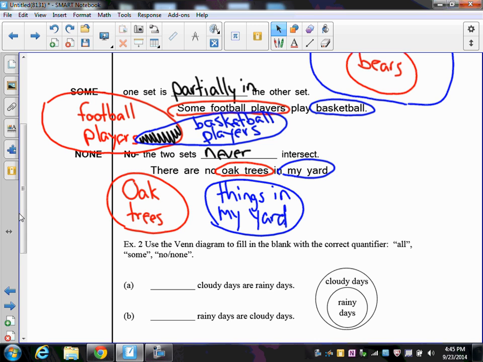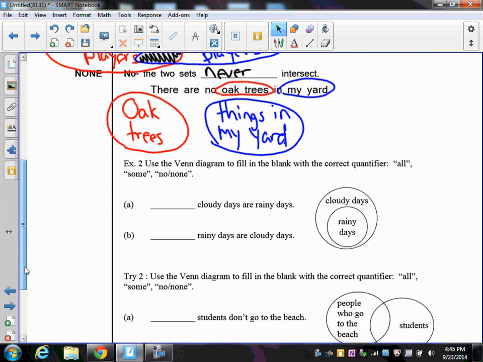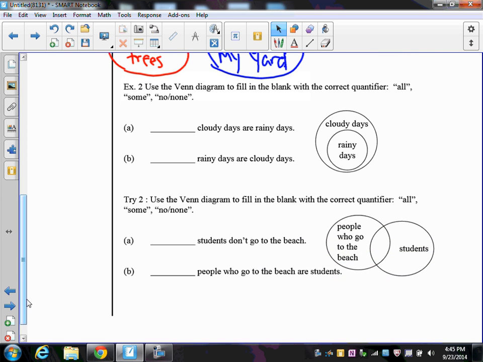We can work the other way where we have to interpret a Venn diagram. This example says use the Venn diagram to fill in the blank with the correct quantifier, all, some, or no or none. So the first one says cloudy days are rainy days. So cloudy days is the whole circle, the big circle.